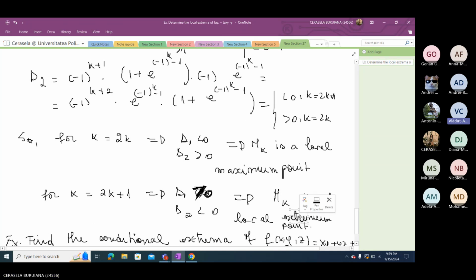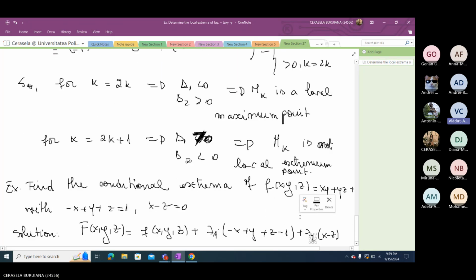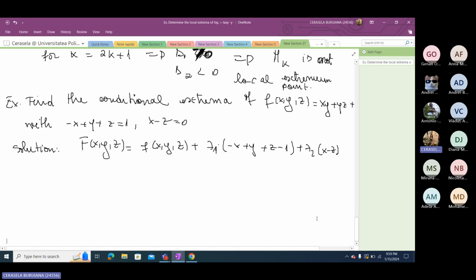I have a question. Since x is equal to z, can't we make only one condition from this? Yeah, it's not a bad idea. We may go and replace. Yeah, this kind of exercises can be solved in different ways. It's not the only way to take it like this as I did. Since x is z, I can come to the first condition and we get only y equals 1, I think.